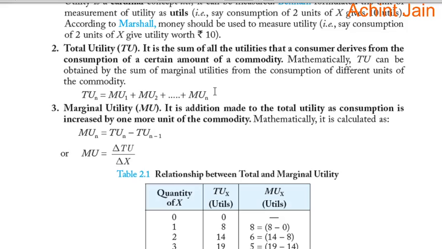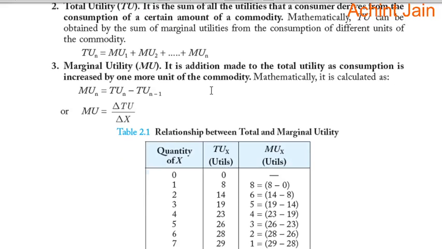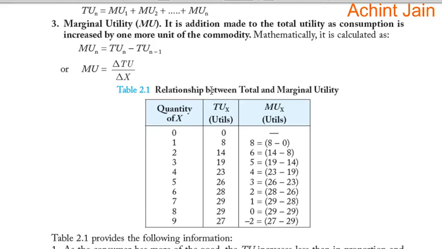100 utils. The next cardinal utility concept is marginal utility. Marginal utility derived from the consumption of an additional unit of a commodity is termed marginal utility. It may also be called the utility obtained from the consumption of an additional unit.